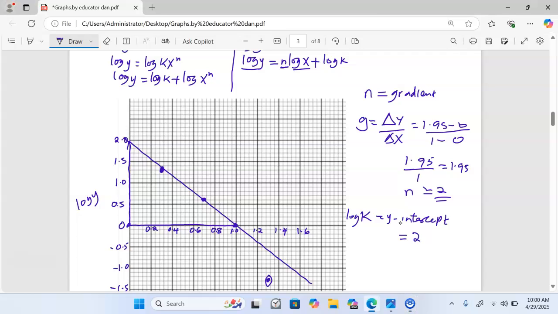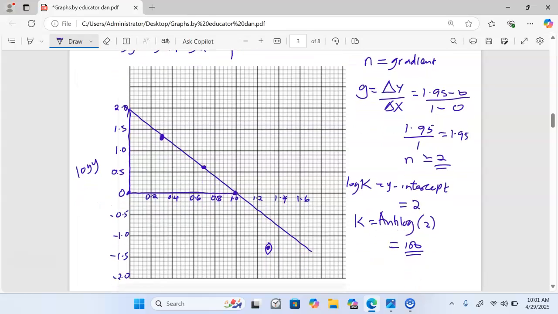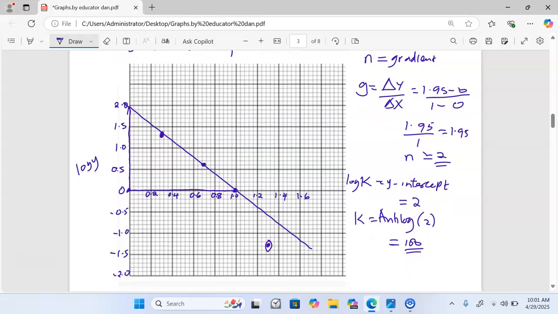In this case, we are now going to get k by getting the antilog of 2. And from the calculator, the antilog of 2 is exactly 100. Those are the 2 values that we are supposed to determine from our graph.